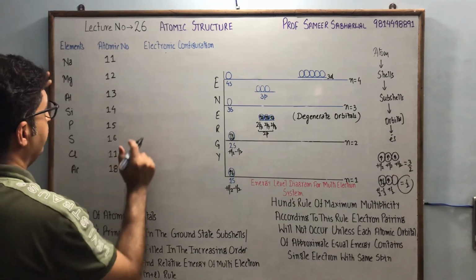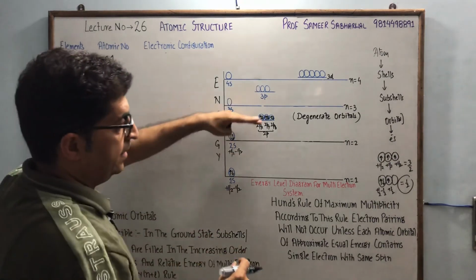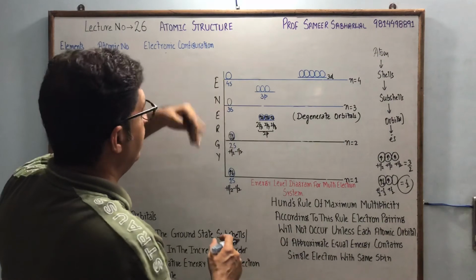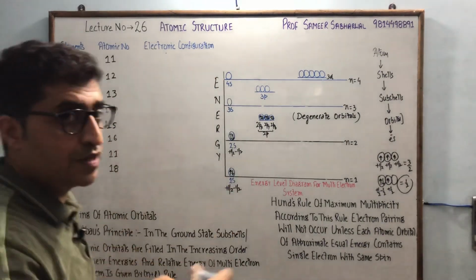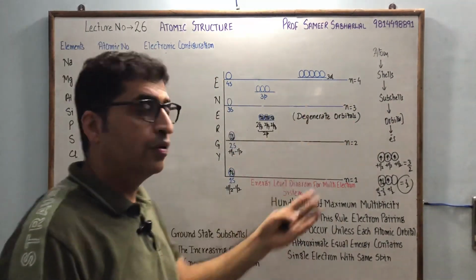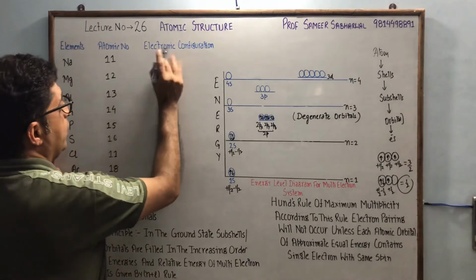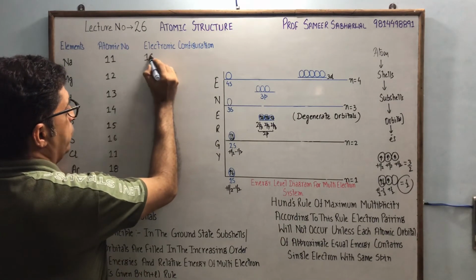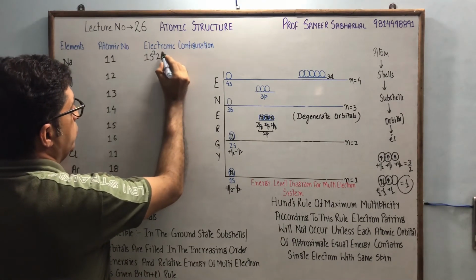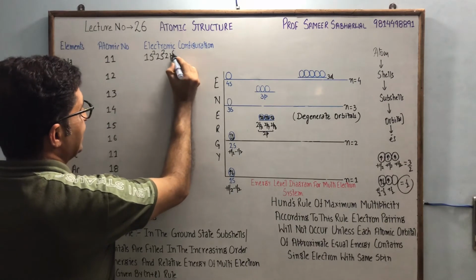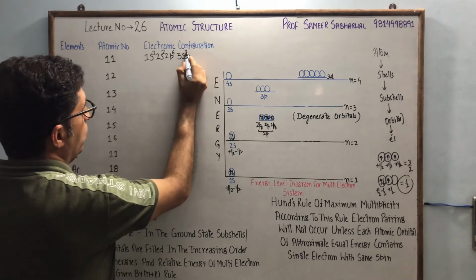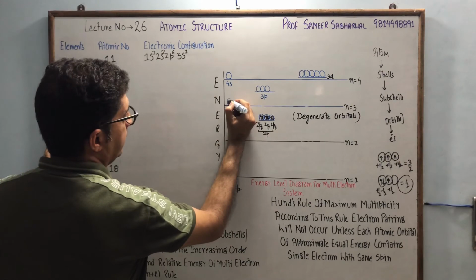If it is 11, it is filled up to 10, 11th. Obviously, second shell is completely filled. The electron will go to the third shell. So hopefully you have got my knowledge, my information. 1s2, 2s2, 2p6, 3s1. Yeah.